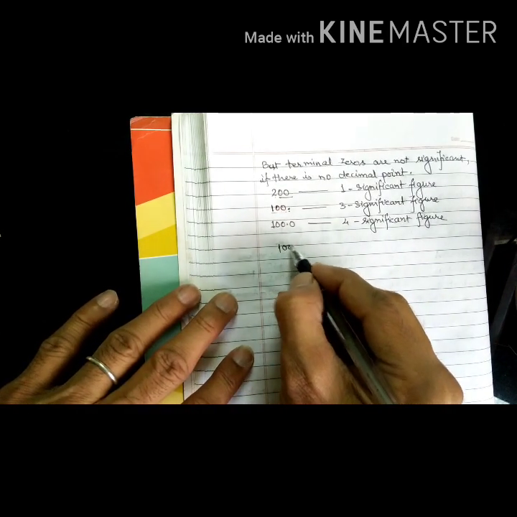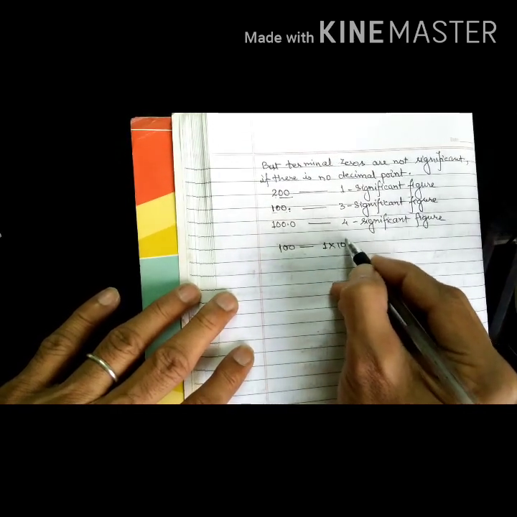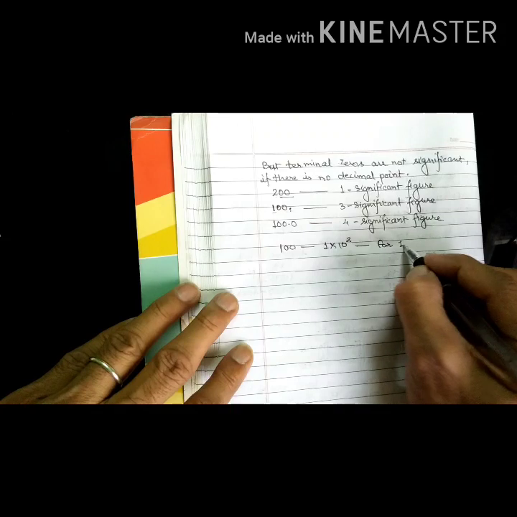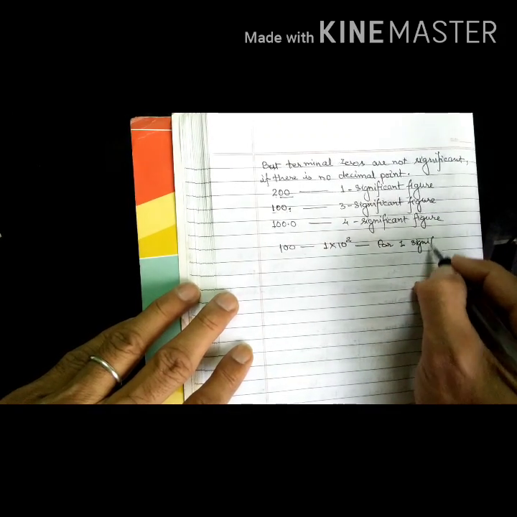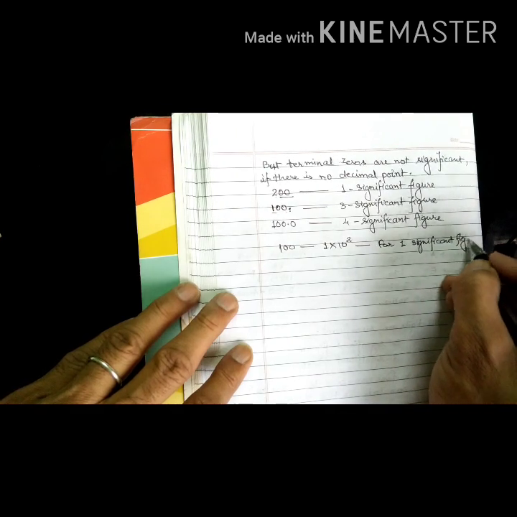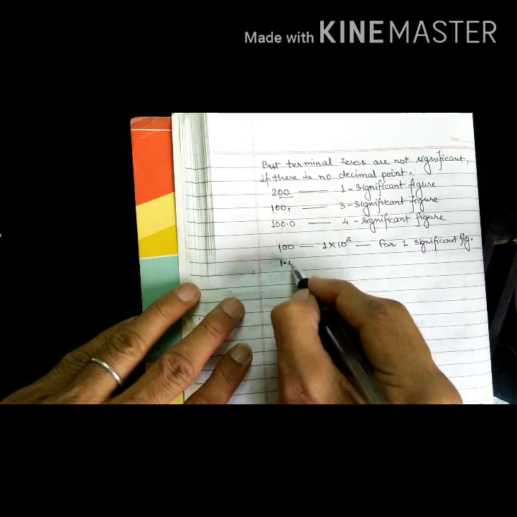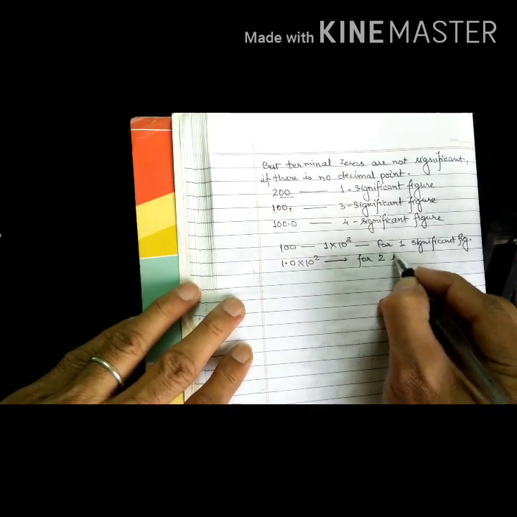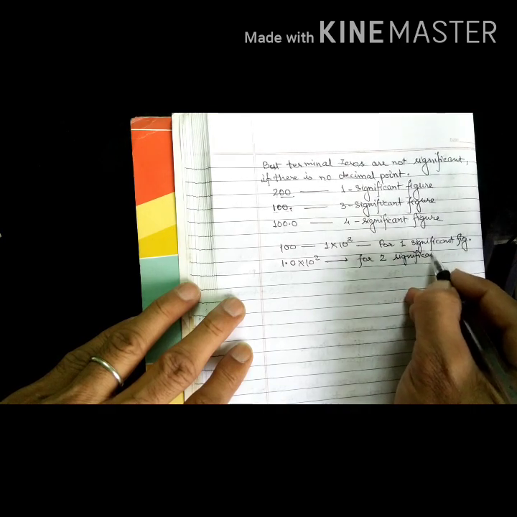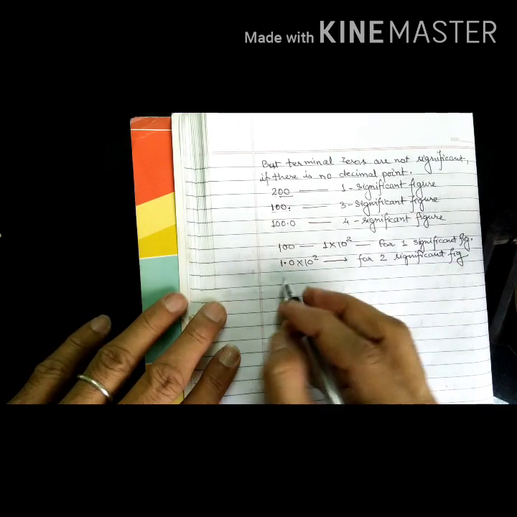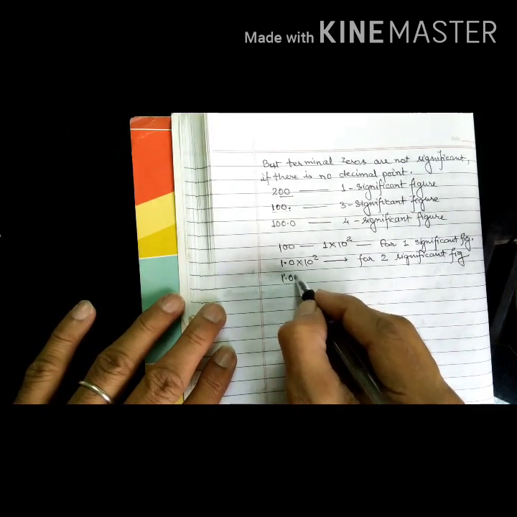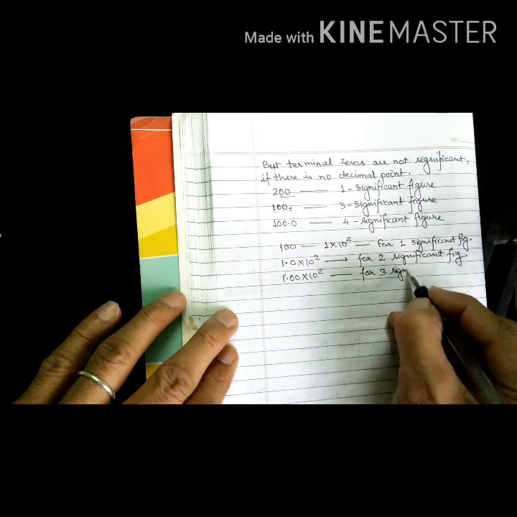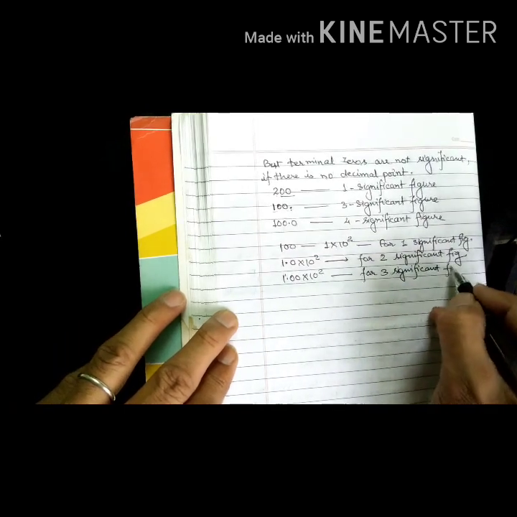Suppose 100, it can be written as 1 into 10 to the power 2 for 1 significant figure, 1.0 into 10 to the power 2 for 2 significant figures, and 1.00 into 10 to the power 2 for 3 significant figures.